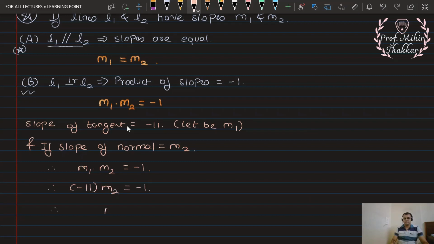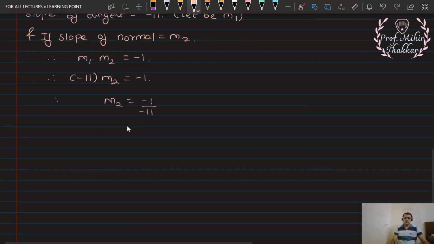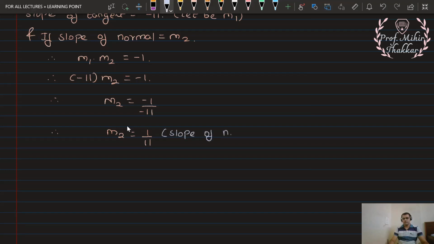So according to this, guys, m2 is equal to -1 upon -11. So you can easily tell that m2 is equal to 1 by 11, which is nothing but the slope of normal.